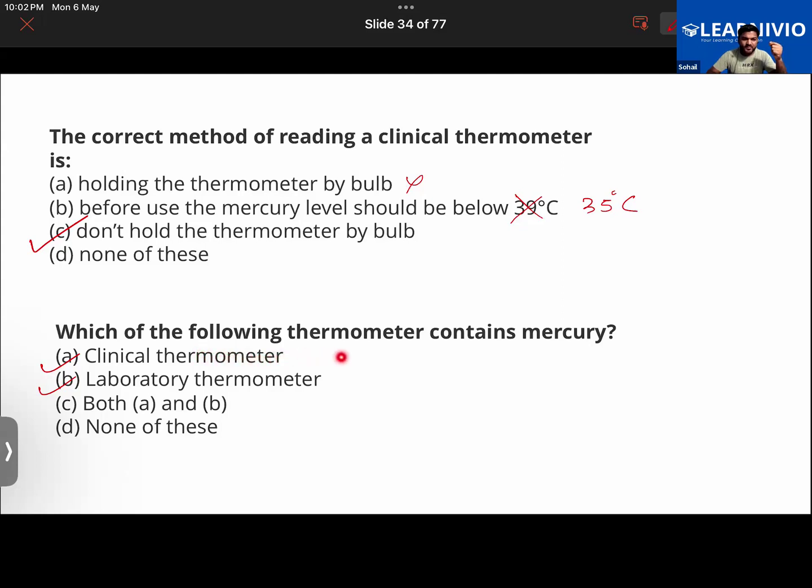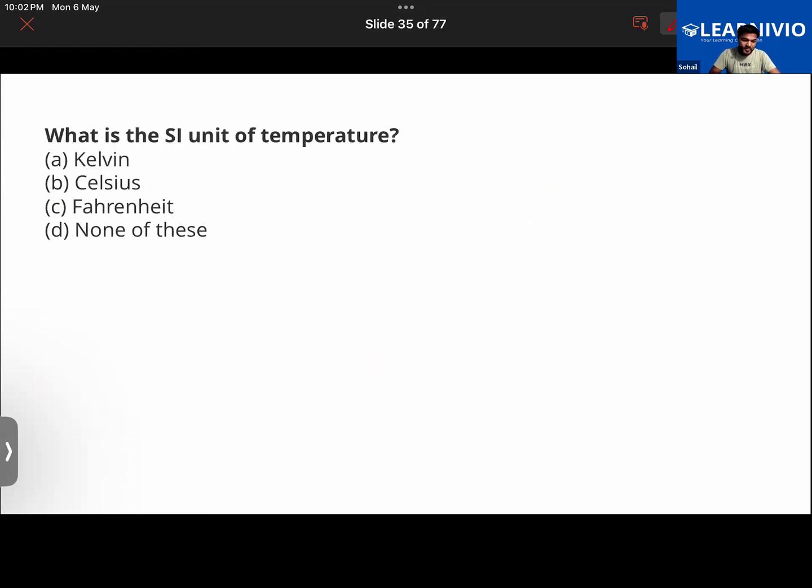Generally, it refers to the glass thermometer. If we talk about clinical thermometers, there are two types: one made of glass, another that is digital. Generally, it is referring to the glass thermometer, so both of them will be true.